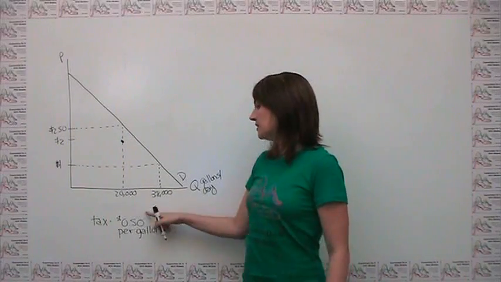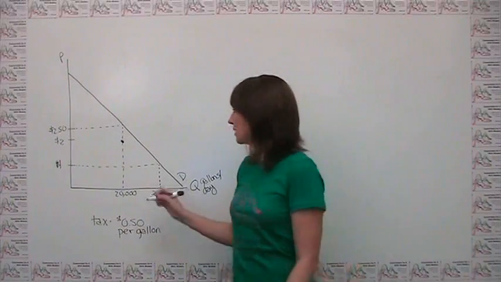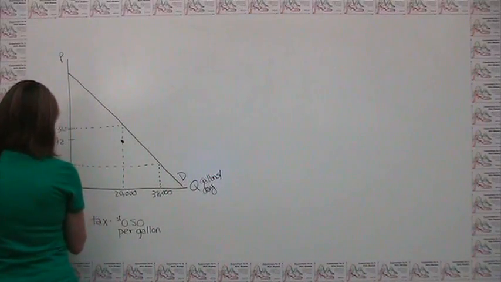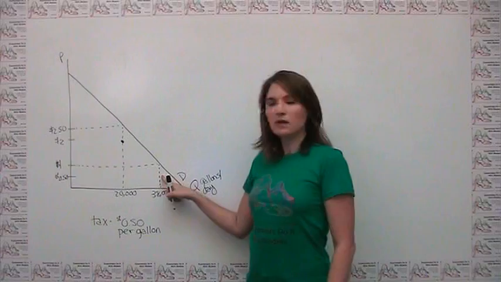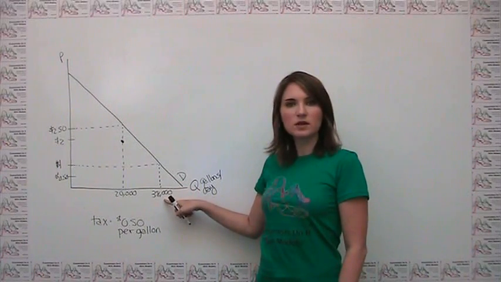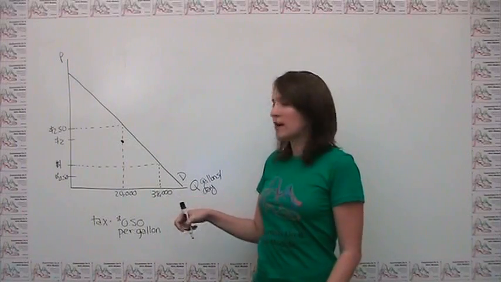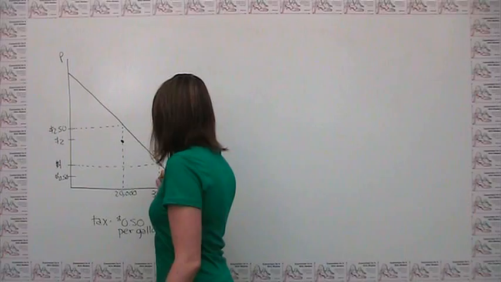When we say 50 cents is going to the government, then 50 cents is left over to go to the producer. We can label that point. So we say, in order for 38,000 gallons to be demanded by consumers, the producers have to keep a maximum of 50 cents per gallon. We can think of that point right here.